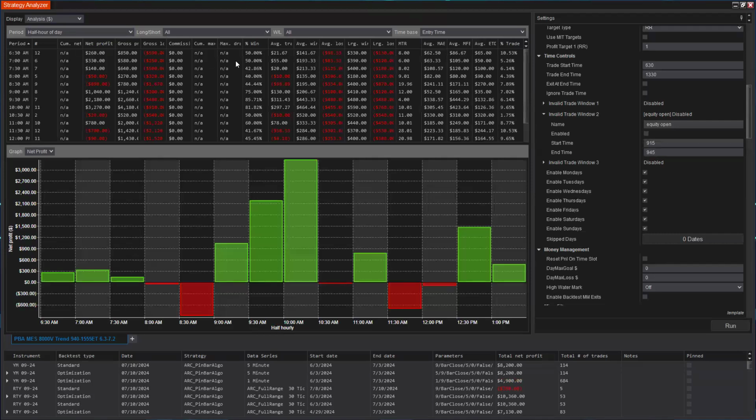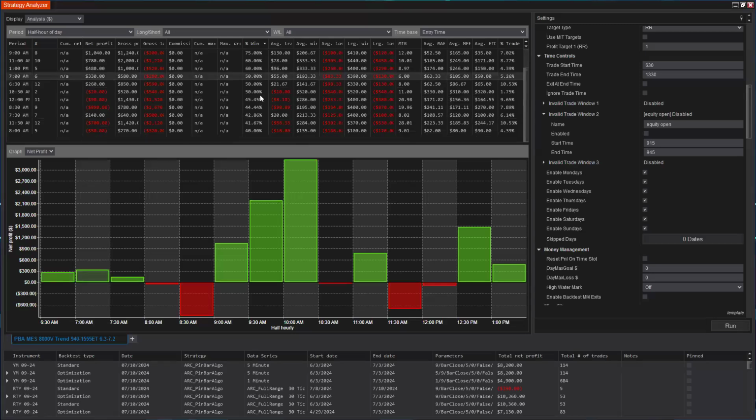All right. So now, same as before, I'm going to sort these by win rates. Most profitable: 9:30, 10 o'clock, 12:30, 9 trades, 9, 11. I really want to look at anything that's 50% or less, then we probably want to filter those.